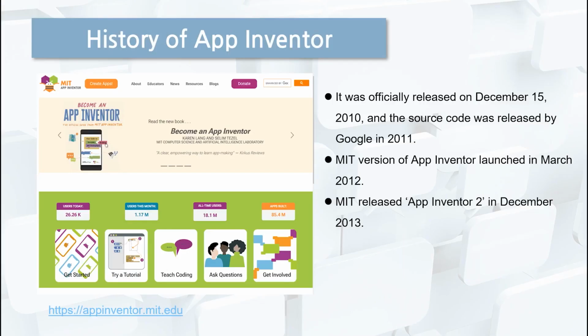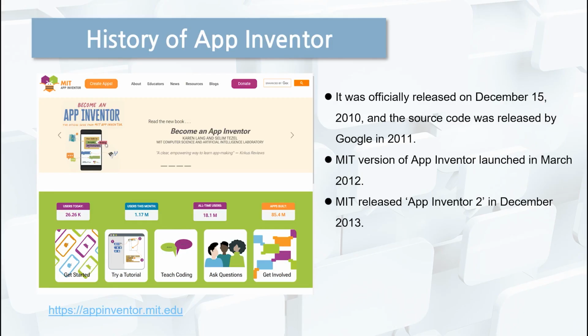First of all, before we get into what App Inventor is, let's briefly explain the history of App Inventor. App Inventor was released in December 2010, and the source code was released by Google in 2011. Since then, MIT has continuously developed it and released the first MIT App Inventor version in 2012.